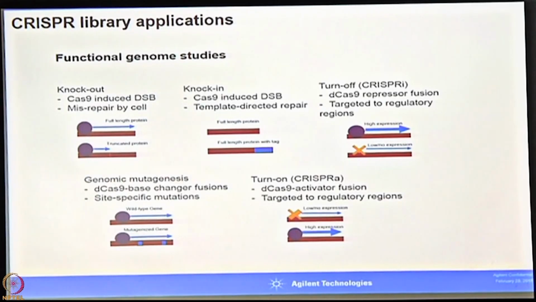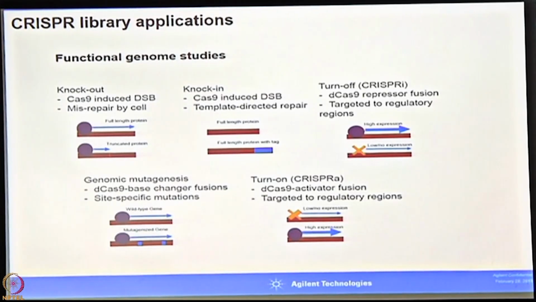This is genomic mutagenesis. Here, it's a site-specific mutation you can create by CRISPR-Cas. Suppose you got some mutation and you want to solve that mutation, right? You can change it base by base by mutagenesis, right? So this way you can correct the SNPs you got.